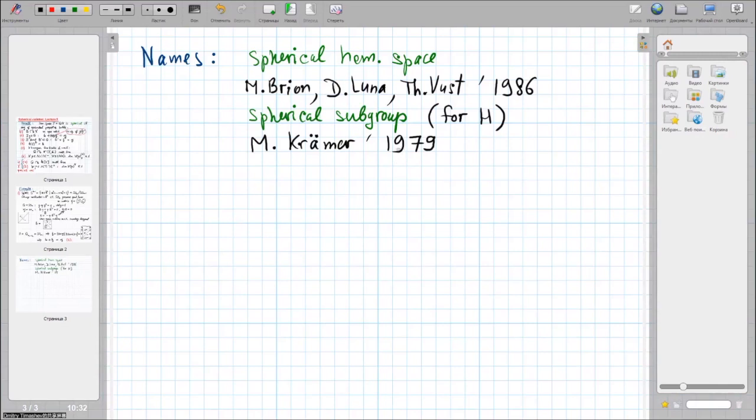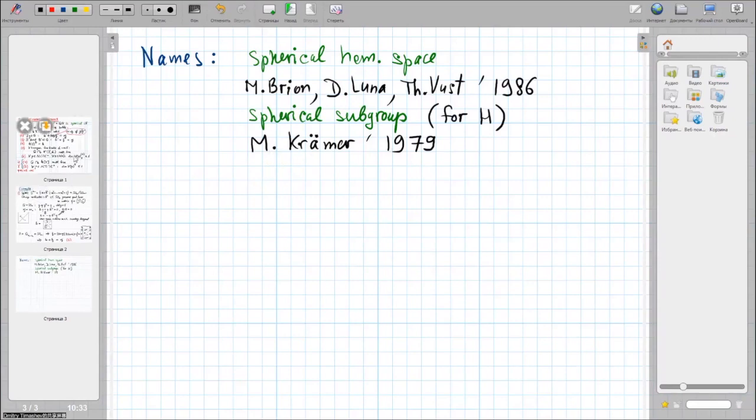Well, he considered the Lie theoretic setting, not the algebraic setting. He considered compact Lie groups and compact subgroups in compact Lie groups. But his definition was very close to ours. But of course, the notion itself appeared much earlier. So this is only about names.